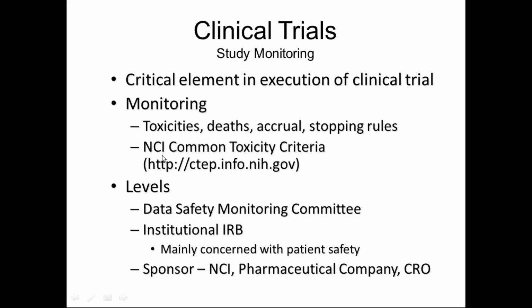For cancer, the National Cancer Institute has some common toxicity criteria. An example may be how we grade a rash. So a person is on a clinical trial, they're taking experimental drug X, they get a rash. There are different levels that we grade that rash, and these criteria are defined by the National Cancer Institute.